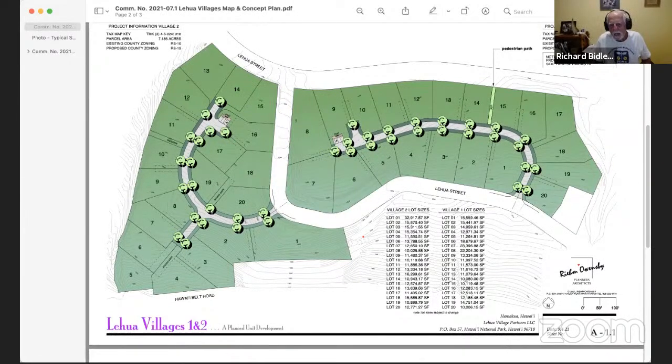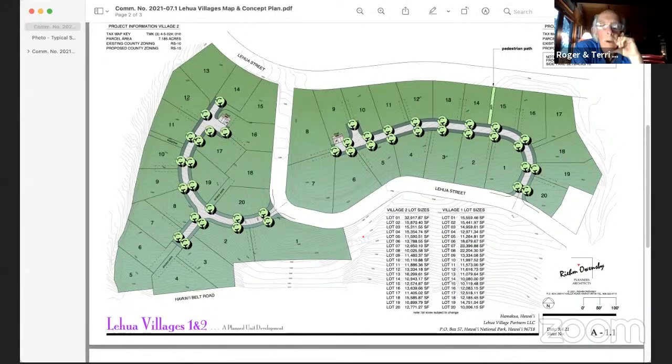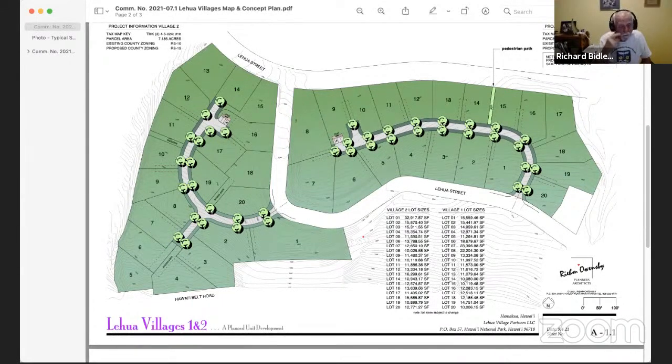Now, in the other development that's further down Lehua, the road going in and out of that place is right on a curve. I'm just wondering if that road ought to be placed someplace else. If you look at Lot 4, if you're going to have a single road going into the subdivision, it ought to be down someplace where Lot 14 or 15 is, because that's a straight stretch.